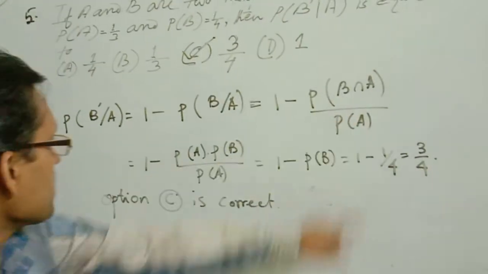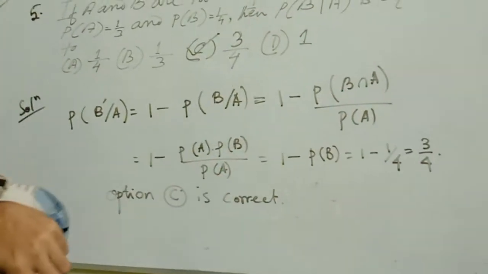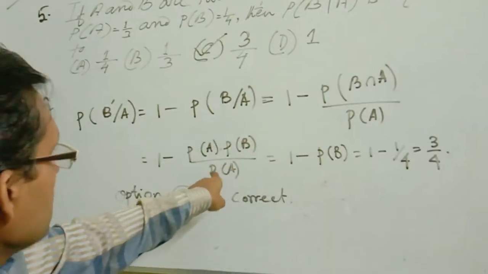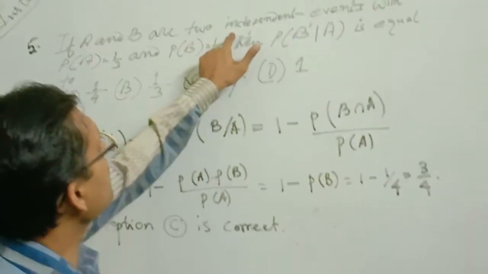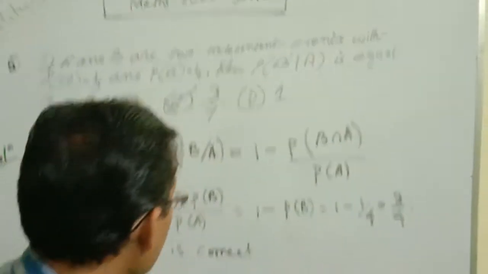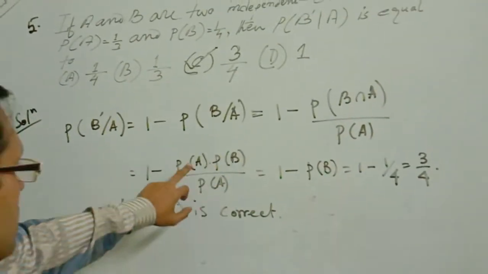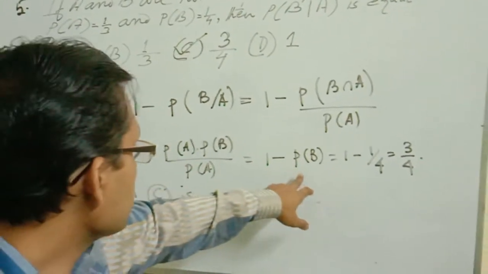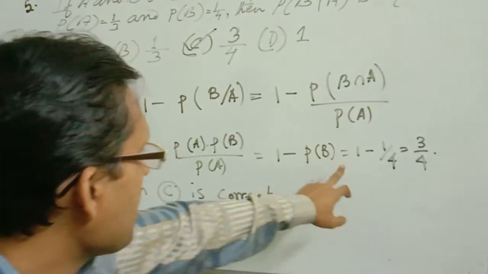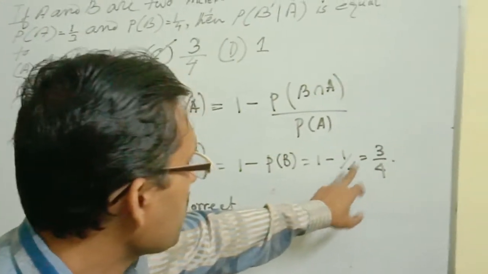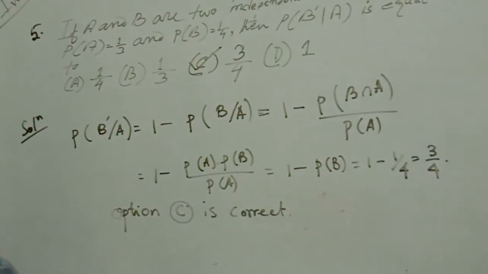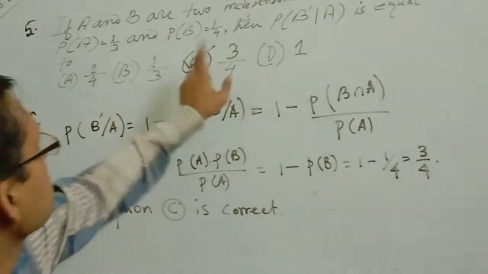Now this expression can be replaced with probability of A into probability of B because of the independent event property. After cancelling probability of A, the answer will be 1 minus probability of B, and that is 1 minus 1 by 4, which equals 3 by 4. So option C is the correct answer.